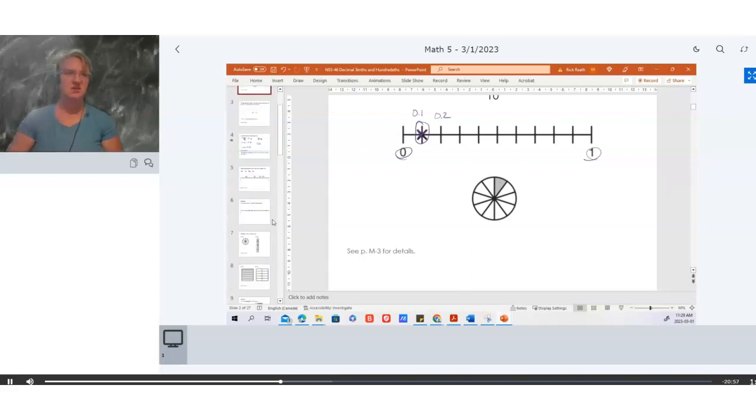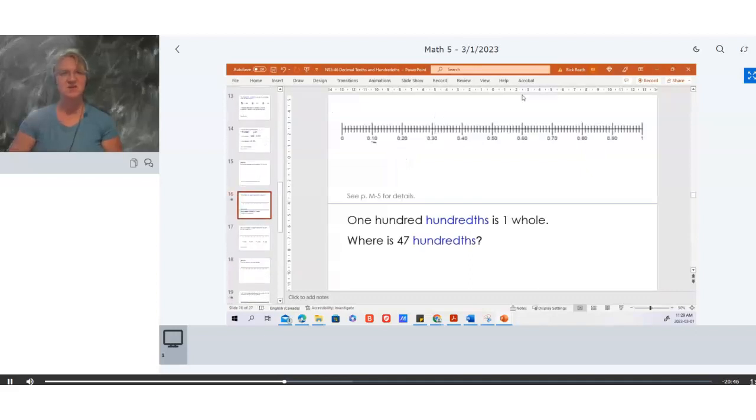All that they did in this other number line is they took each of these divisions and they split them up into 10. So now you have 10 pieces inside of each tenth. And if we have 10 pieces inside each tenth, and we have 10 groups of those, then we have 100 hundredths. And that's going to make one whole.